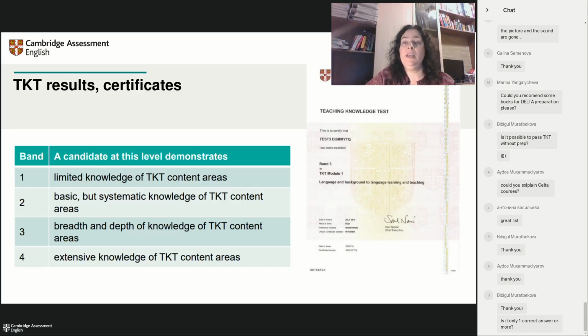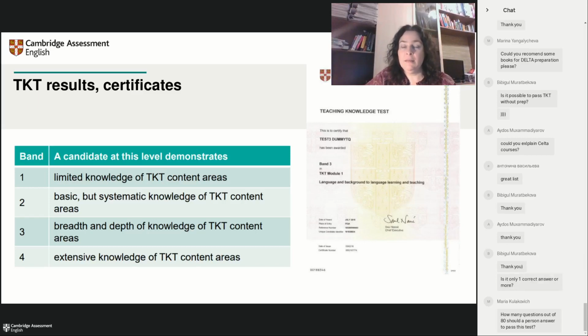Well, obviously you can't fail TKT. You can take it and you'll be awarded a band. It identifies your level, your awareness. If your knowledge is basic, it'll be band 2. If you have a deep understanding of the principles, it'll be either 3 or 4. The more extensive your knowledge is, the higher the band will be.